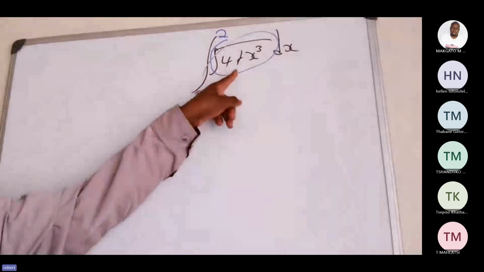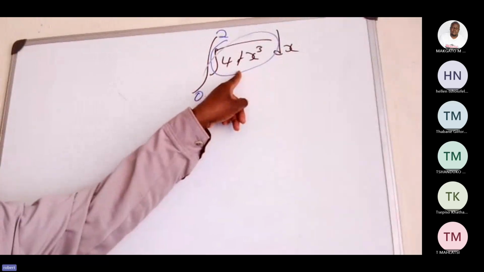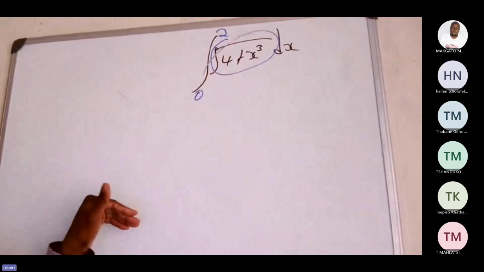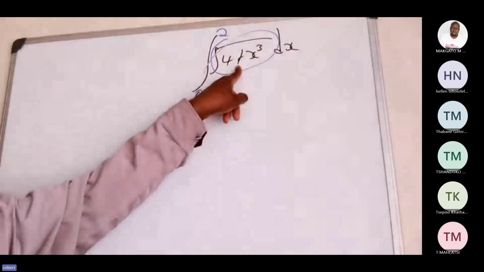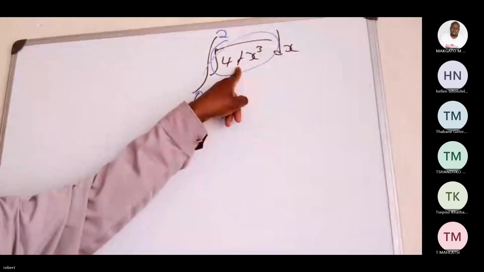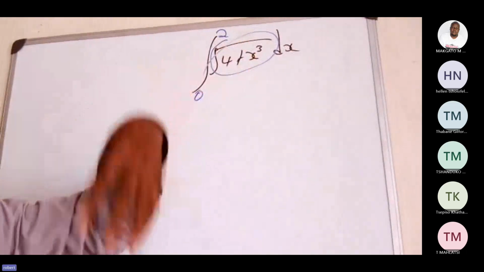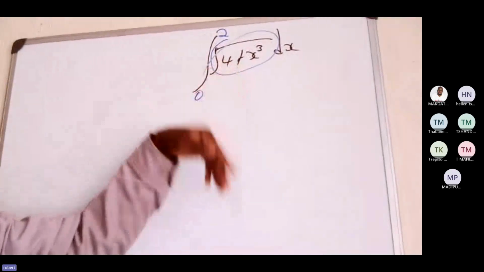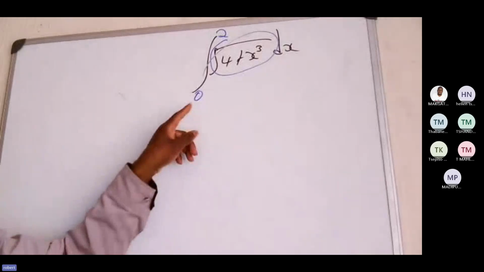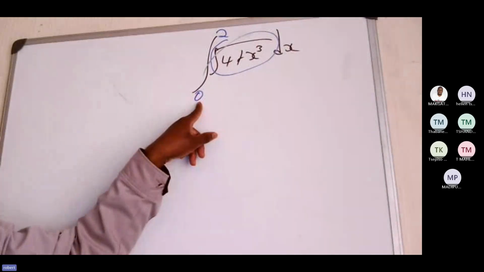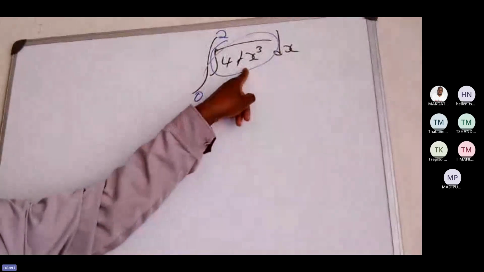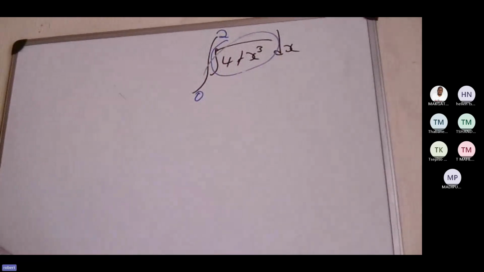But now, can we integrate it? In other words, can we find the area between this and the x-axis? Don't forget, it's not integrable. But can we still find the area between this and the x-axis from where x equal to 0 up to where x is equal to 2, even if it's not integrable? You see, that is today's topic. And the answer is simply what?